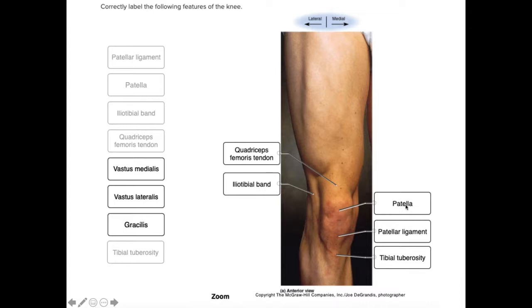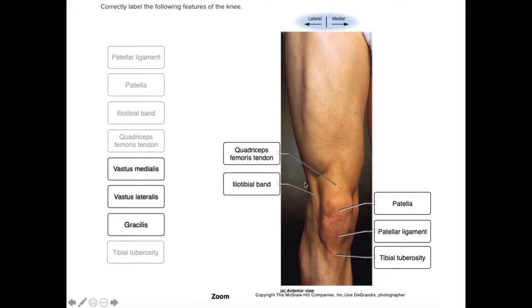The bone is called a patella. So the quadriceps tendon is right here. The patellar ligament goes from bone to bone. So going from the patella to the tibial tuberosity is the patellar ligament. Ligaments go bone to bone. Tendons go from muscle to bone.